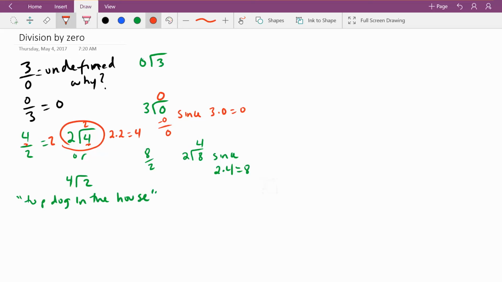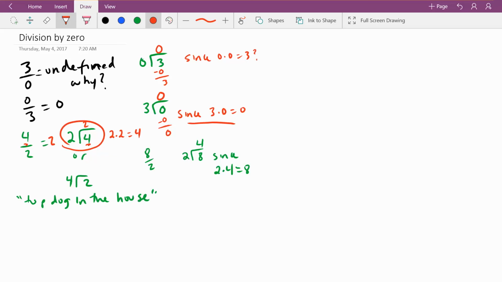However, 0 into 3, if I try to do that, same idea, right? 0 times 0 is 0. When I subtract, I still have this remainder of 3. It doesn't work, right? If I try to use this logic, 0 times 0 equals 3.